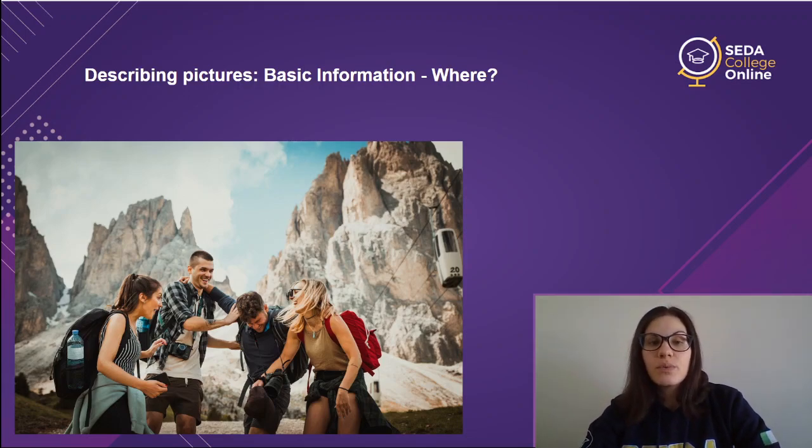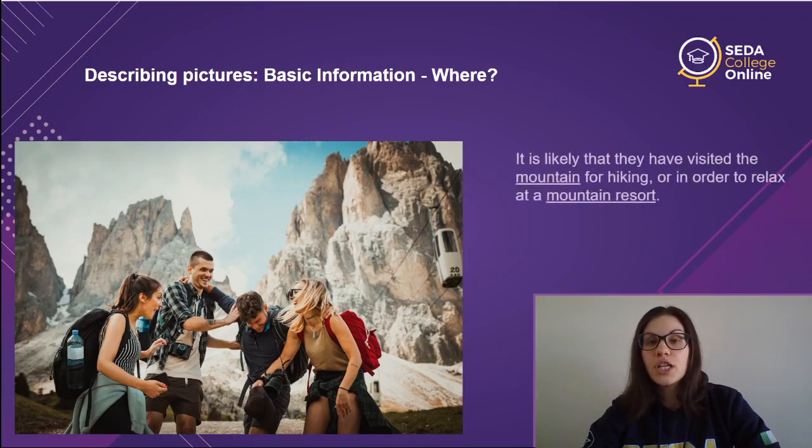One example that I have here for the same picture is it is likely they have visited the mountain for hiking or in order to relax at a mountain resort. So I have mountain resort.